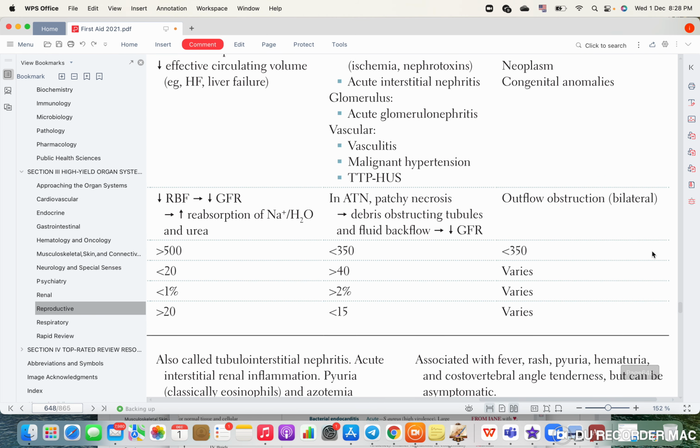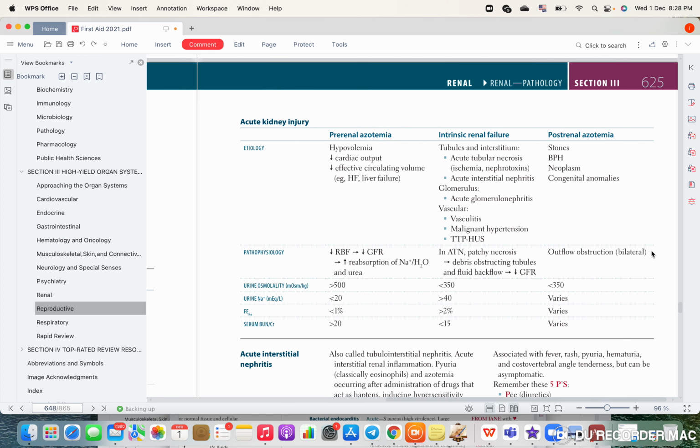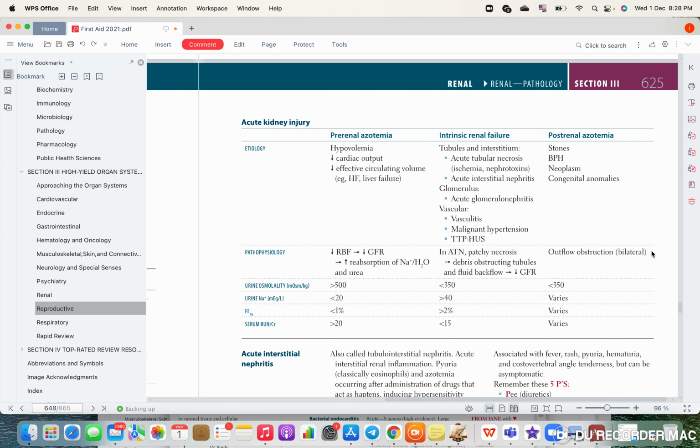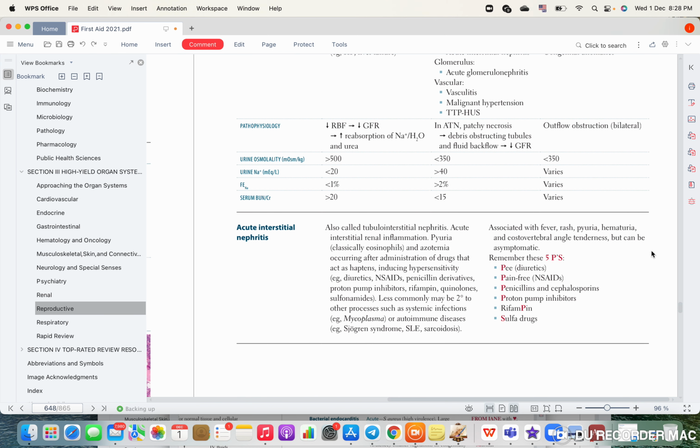Yep. What happens to the BUN to creatinine ratio in case of prerenal azotemia? Okay, exactly, normal to high. What about in case of intrinsic renal failure? Yep, low big time. Good.